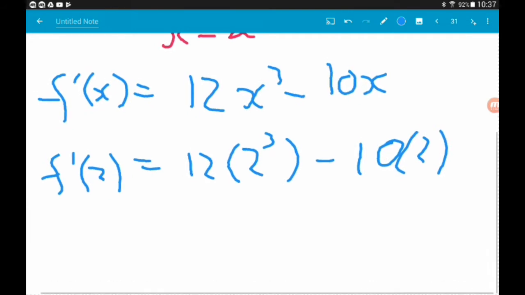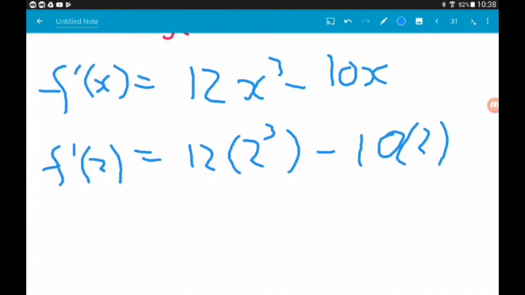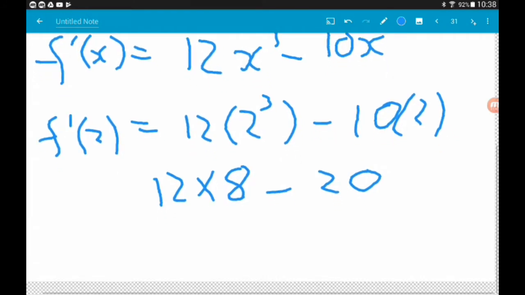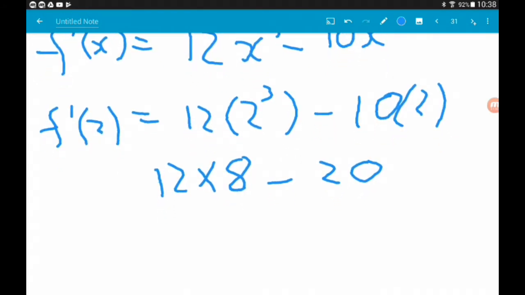So 2 cubed is 8, so we've got 12 times 8 minus 10 times 2 on a good day is 20. So 12 times 8 is 96. So we've got 96 minus 20, our gradient is 76.